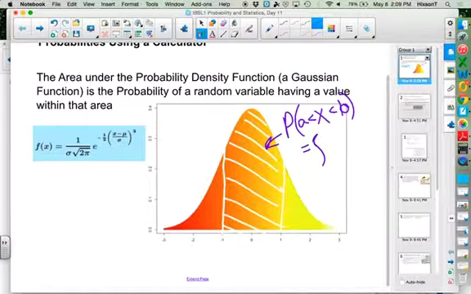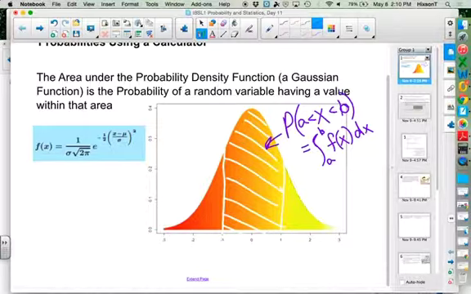It's the integral of the function from one side of the interval to the other. So it's the integral from a to b of f of x dx. Now, I know you don't know how to do integrals yet. That's okay. You're not going to have to.